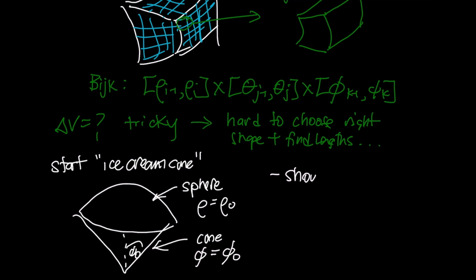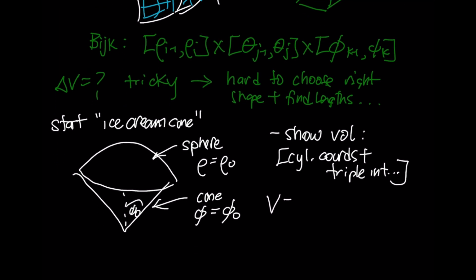If you use cylindrical coordinates and triple integration, now, this is an exercise in and of itself. It isn't immediate, but you can show that the volume of this ice cream cone ends up being 2 pi, which comes from the theta variable, times 1/3 rho naught cubed, times 1 minus the cosine of phi naught.